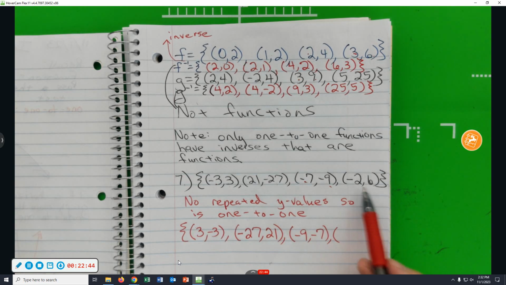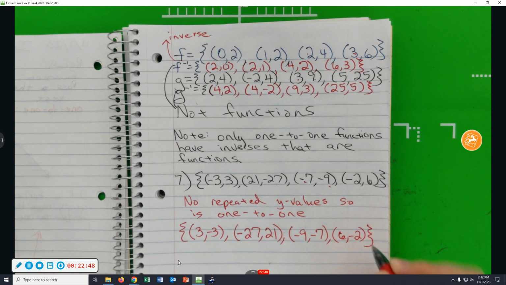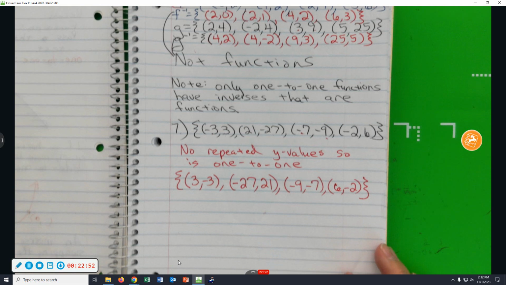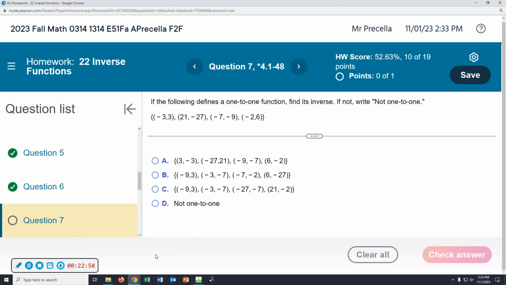Reverse the fourth ordered pair: 6, -2. So A, B, C, or D. It's definitely not D. Oh, I think just by looking at the very first one, I can assume it is A. Is that it?